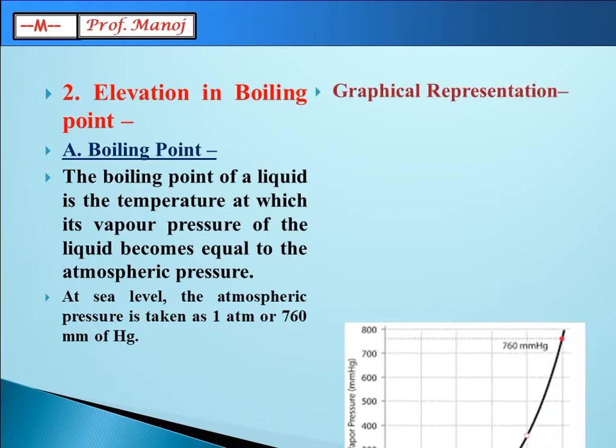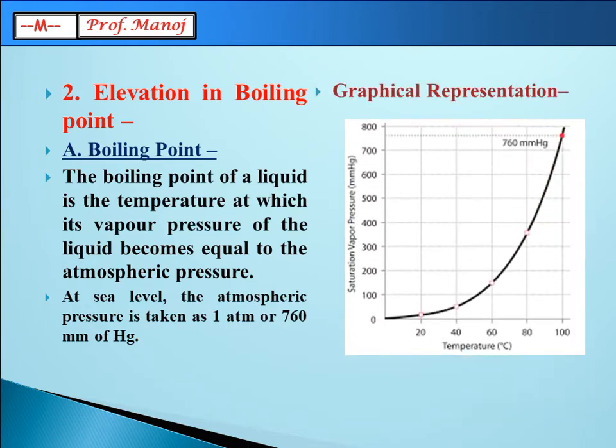Let us understand the definition again with a graph. On the x-axis we can see temperature is rising. On the y-axis we are measuring vapor pressure in millimeter of mercury. You can see the liquid has started heating, and as temperature passes through 20, 40, 60, 80, 100 degrees, vapor pressure becomes equal to 760 millimeter. We call 100 degrees Celsius the boiling point of water.